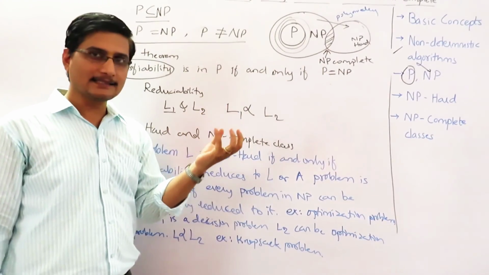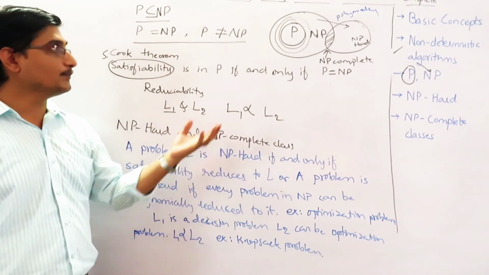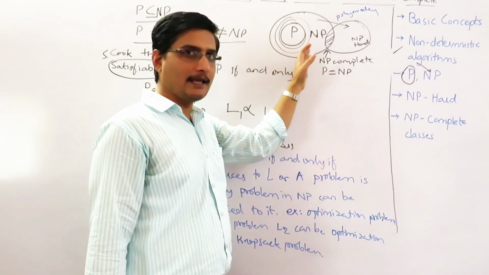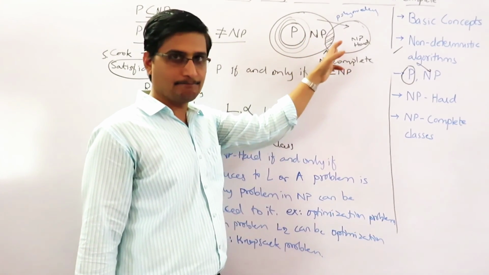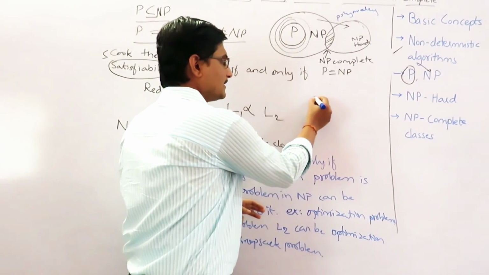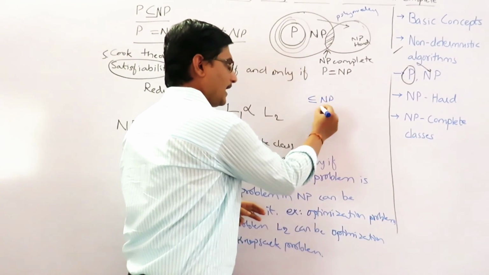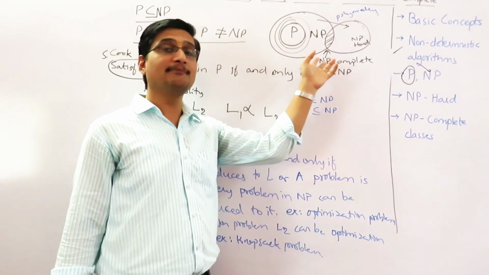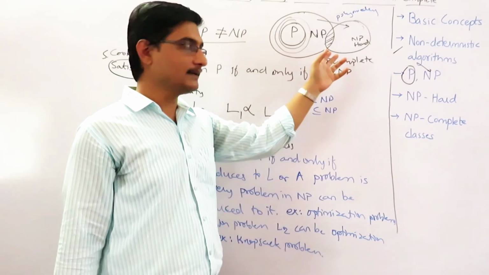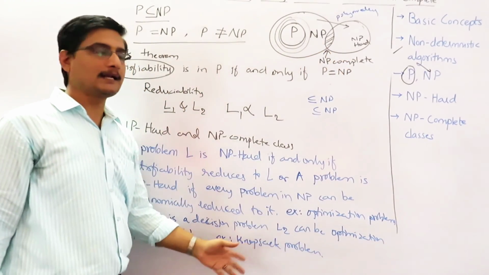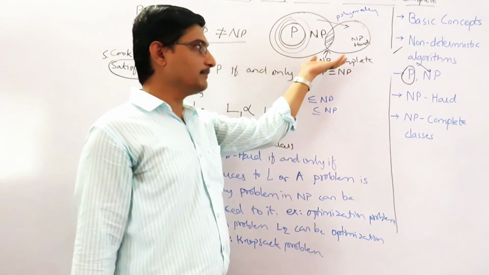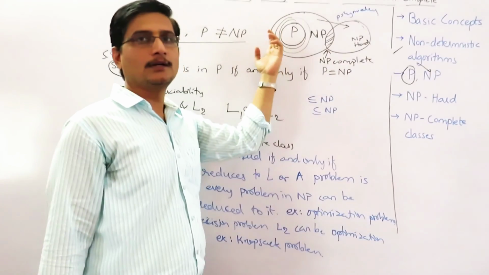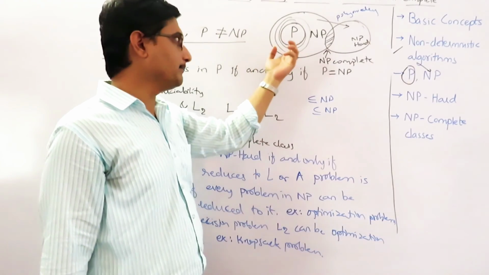A small set of problems which can be converted like this are in NP and also in NP hard. They are a subset of NP hard, and we say that they are the NP complete class. The best example is the knapsack problem, which can be considered NP complete, and it is also NP hard, and it is also an NP problem.